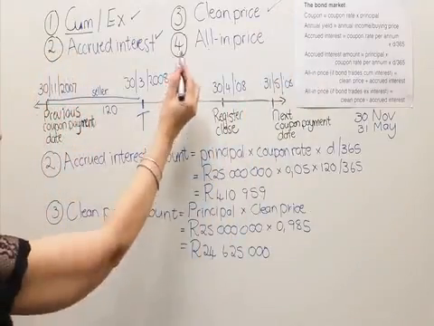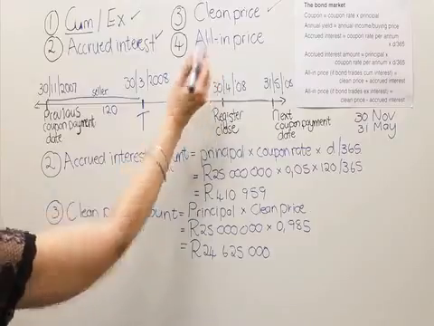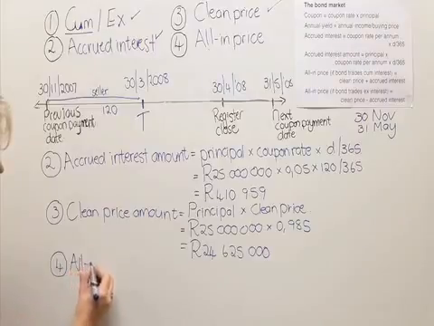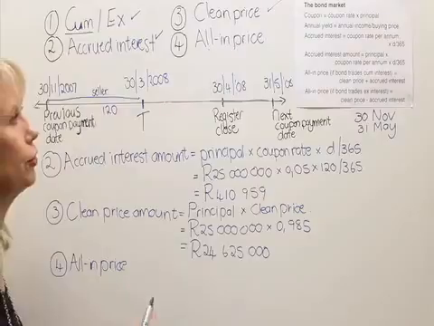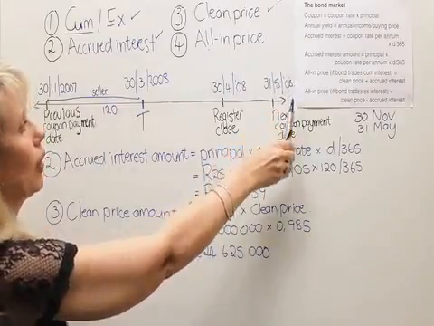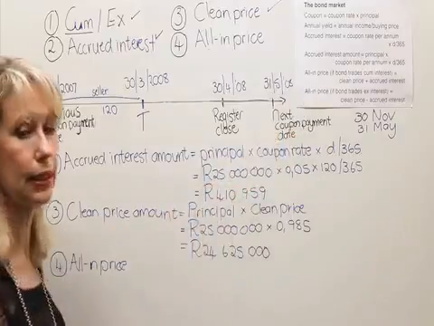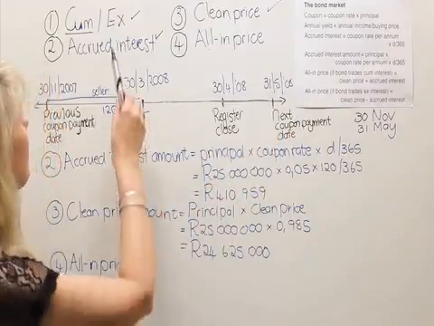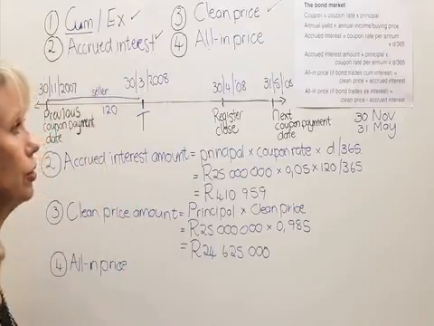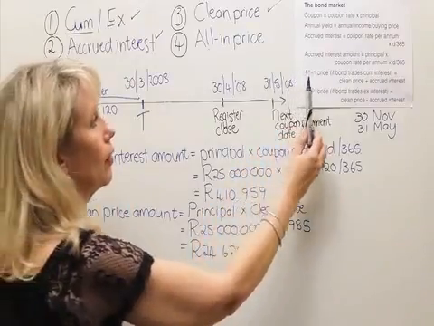So all that remains is to do step number 4, calculate the all-in price amount. Now, to calculate the all-in price, there are two formulas, one for when the bond trades cum interest and one for when the bond trades ex interest. In this case, we've decided that this bond is going to trade cum interest, so we have to use this formula.